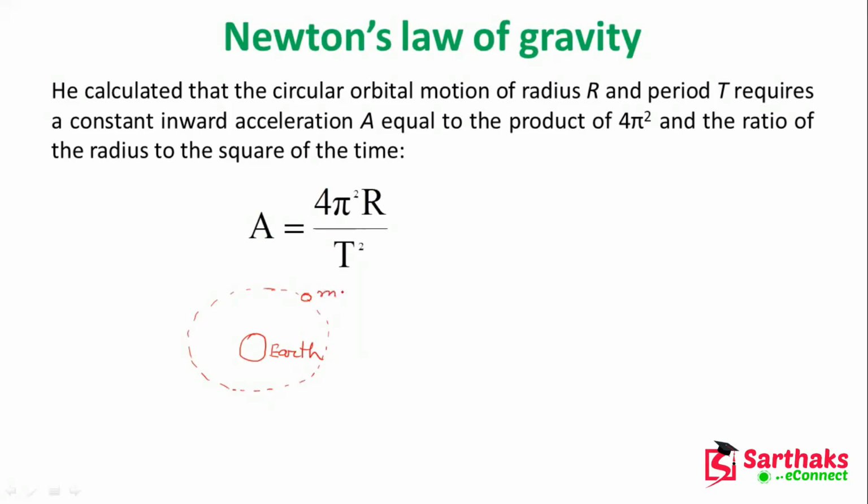Here the radius of the orbit, whatever you have in the orbital motion, is the capital R. So R is the radius of the orbit.